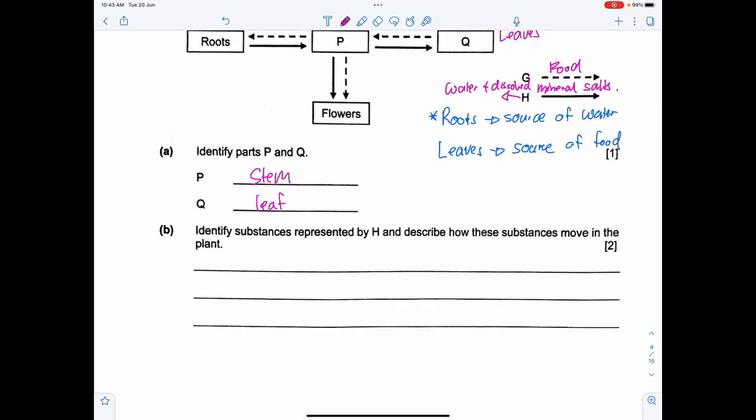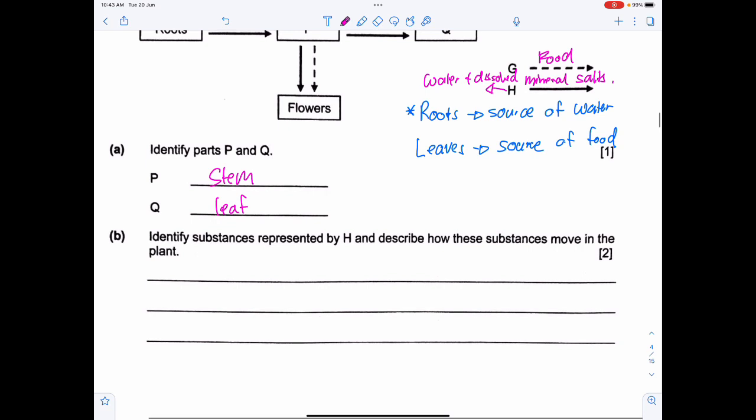Okay? Next, identify substances represented by H and describe how these substances move in the plant. So H in this case would be, or I would say is R. Okay, R. Water and dissolved mineral salts.